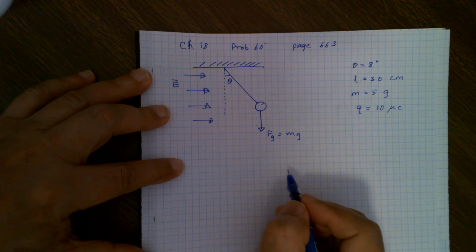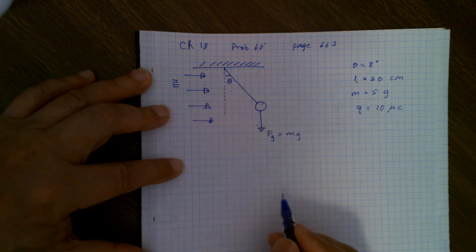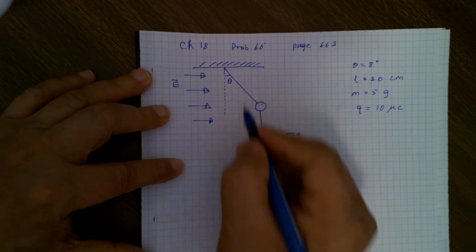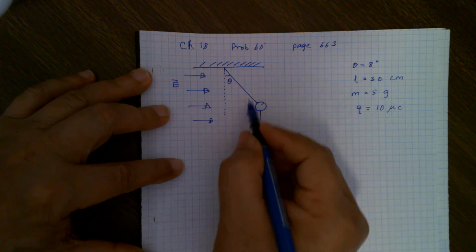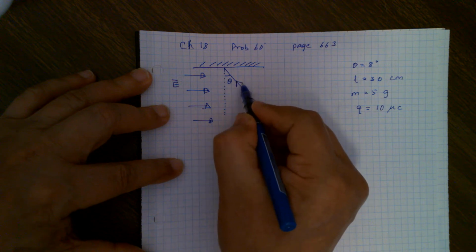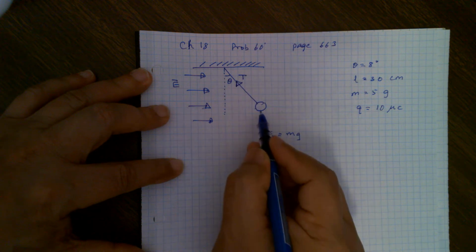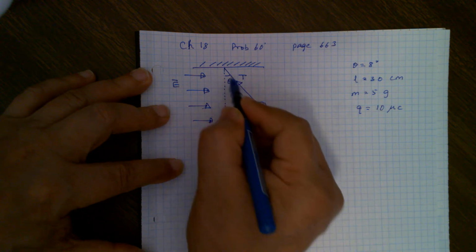Okay? Then there are other forces on this object. That is the tension T in this rope. Alright? So now I draw a little arrow here, and I draw a tension T here. So that tension T is directed in that direction.